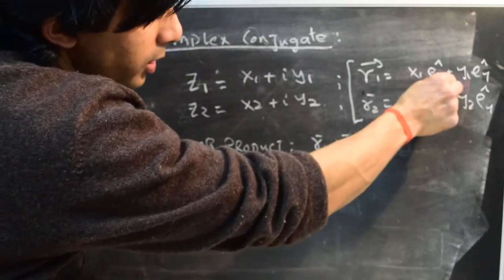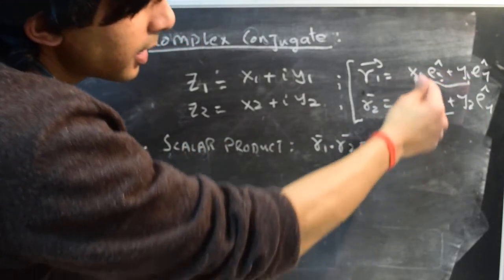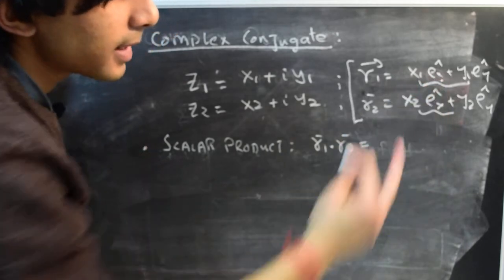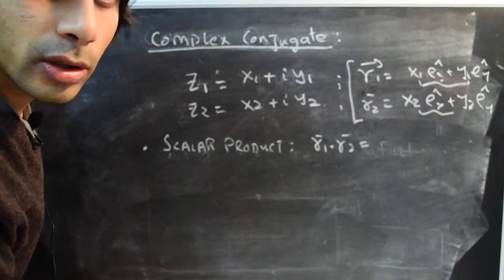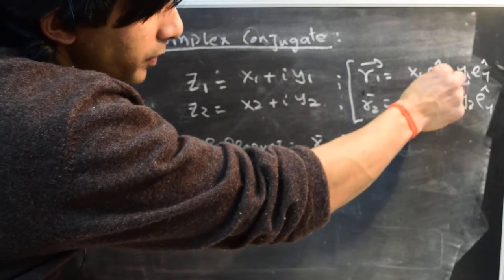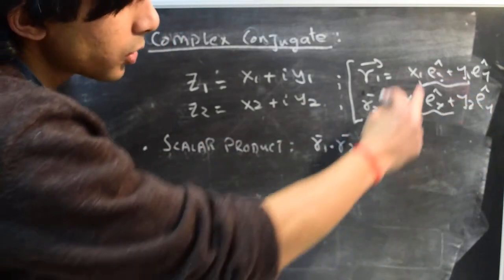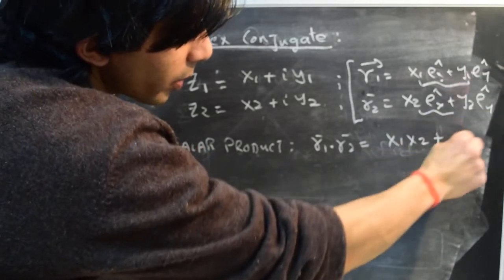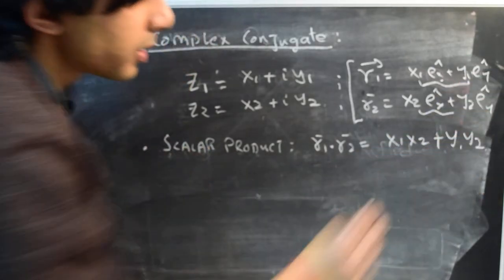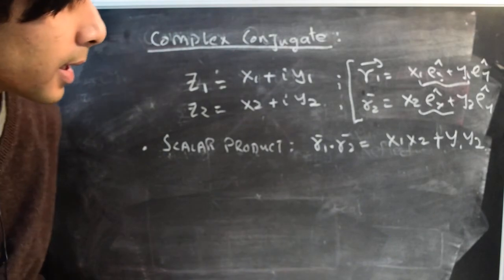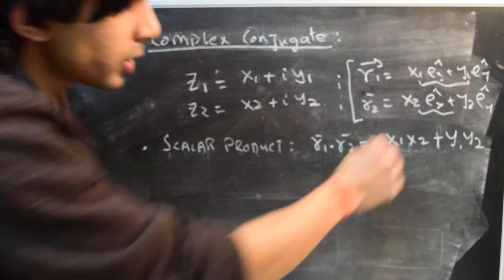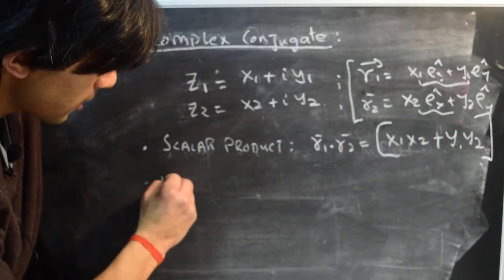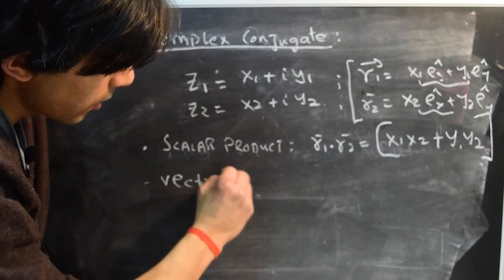And so what this means for these two vectors is that when we dot r1 with r2, since ex and ey are linearly independent and orthogonal vectors, the dot product of ex and ey will be 0. So the only components that remain will be x1 x2 plus y1 y2. So that's the scalar product of these two vectors. So let's keep this in mind. Okay, and then what about the vector product or the cross product?